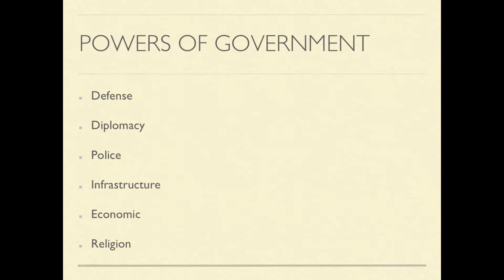Well, first off, they said form a more perfect union. Now, we'll talk about this next week or the following week when we talk about the founding of the United States. But one of the big issues at the founding was we had 13 independent colonies that became 13 independent states, and we created these Articles of Confederation in an attempt to get them to work together. But they weren't strong enough.